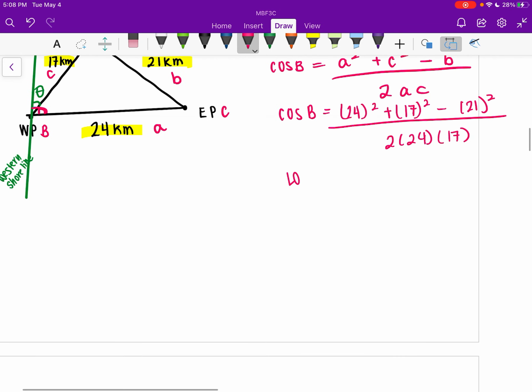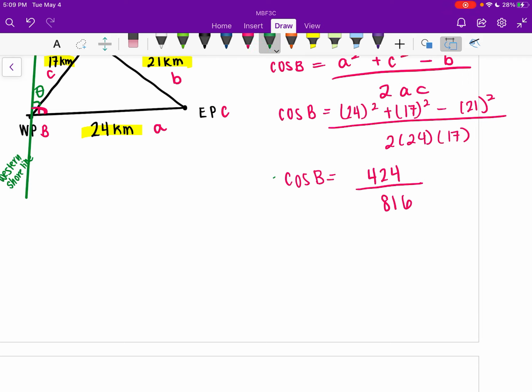And then cosine B is equal to, I'm just going to put these into my calculator: 24 squared plus 17 squared minus 21 squared is all going to be 424 over 2 times 24 times 17. And now it's up to your discretion whether you would like to do 424 divided by 816, or you can just use the fraction and put that into the calculator.